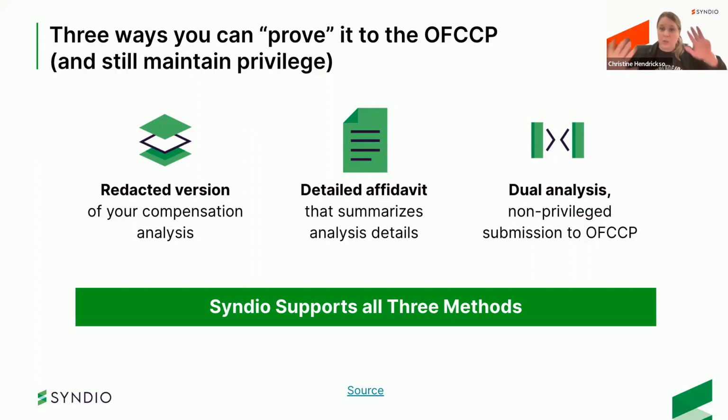or conducting 2 analyses, one privileged that you would keep and not share with the OFCCP, and a non-privileged analysis that you would actually deliver to the OFCCP. Syndio supports all 3 of these methods.